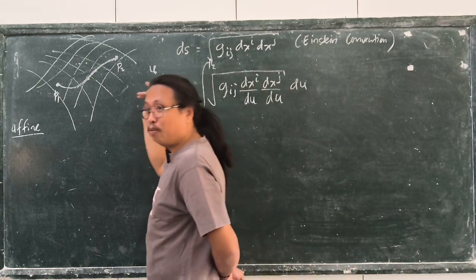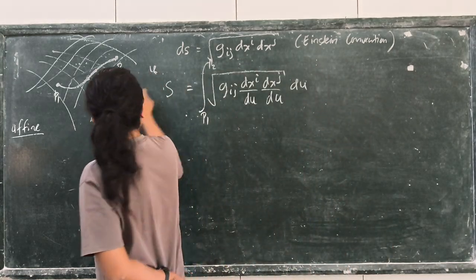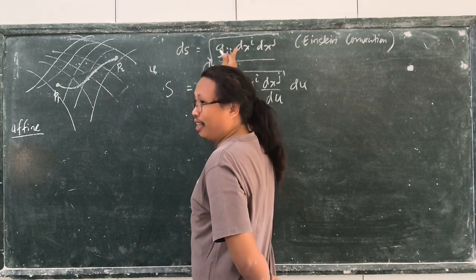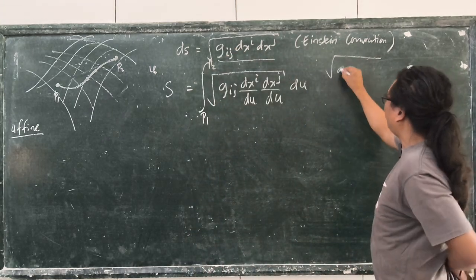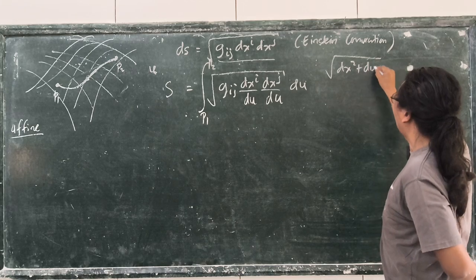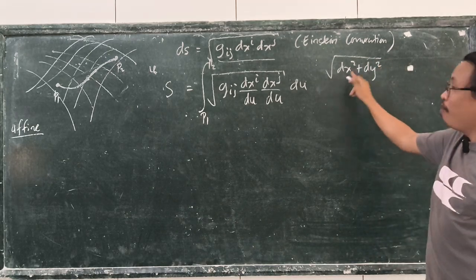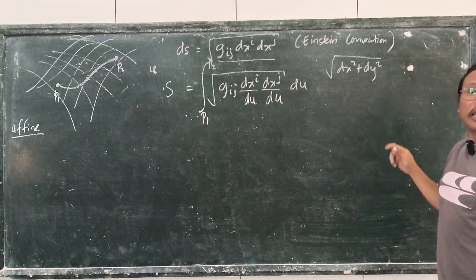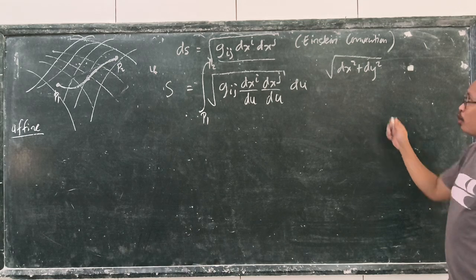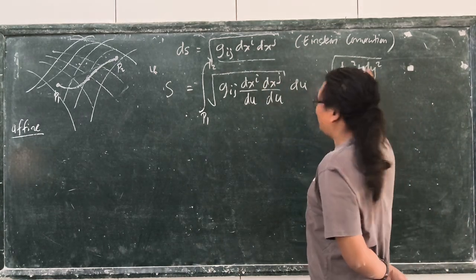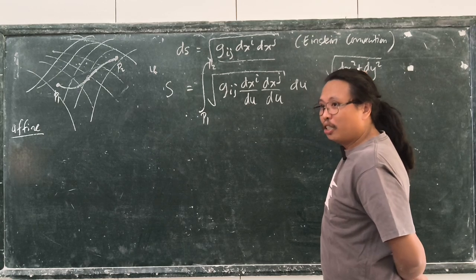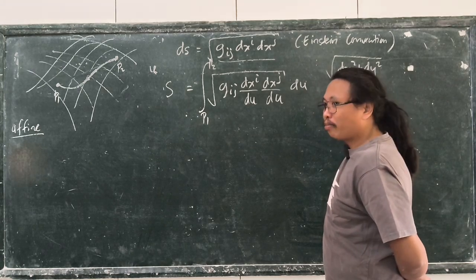Remember from last time, for a straight line in flat Euclidean space, this is just dx squared plus dy squared. Why? Because g_ij there is the Kronecker delta. So technically, the two are the same, only that this is in flat two-dimensional Euclidean space.